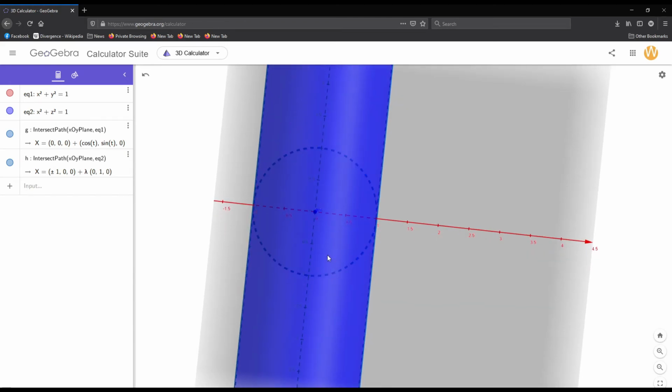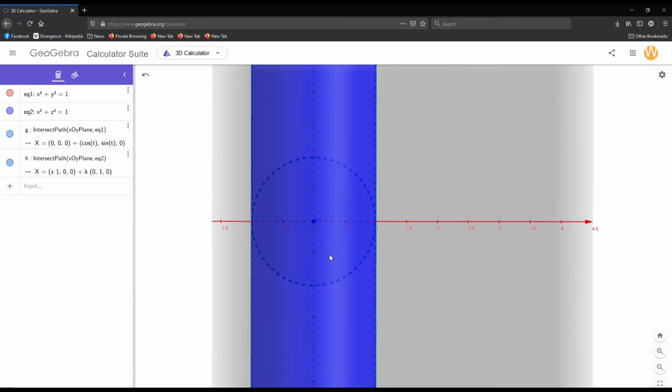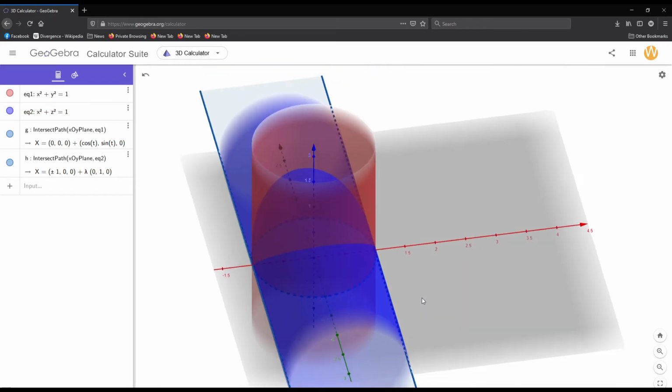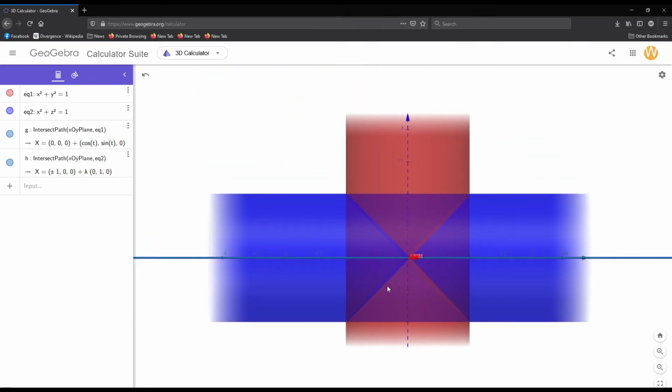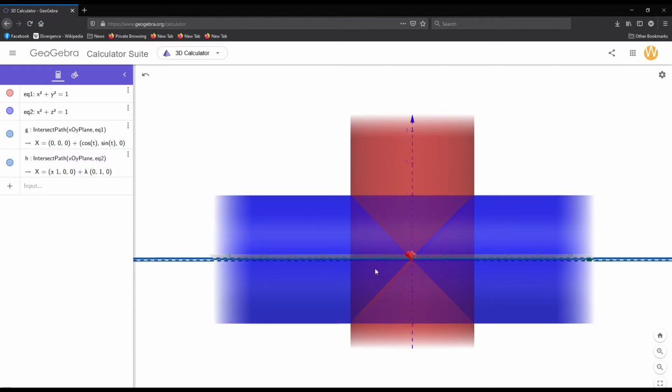And I even plotted out those intersections for the XY axis as well. So along this axis and this axis. And if we just rotate this so we see the trace along the ZY plane, you're seeing that exactly matches what we predicted when we went through and did the traces.